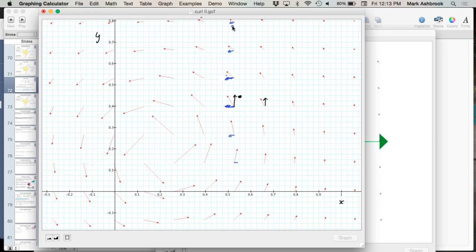What's happening to those x components of those vectors as we head north? Getting smaller. What does that indicate? Clockwise or counterclockwise rotation? Clockwise.